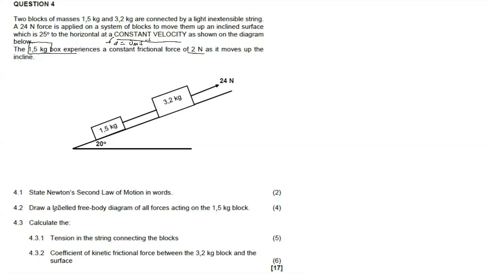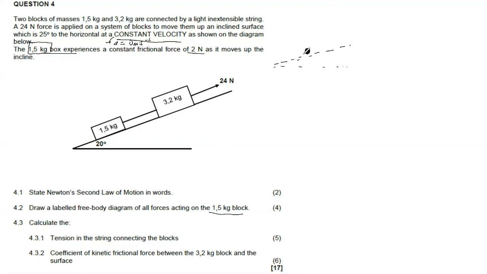Then 4.2 says draw a labelled free body diagram of all forces acting on the 1.5 kg block. So the best way to draw this one is to start with the incline, but you always have to remember that after you are done, you have to erase that incline. It's just to make it easier for you to draw these forces, because now they're on an incline, they need to be perpendicular.